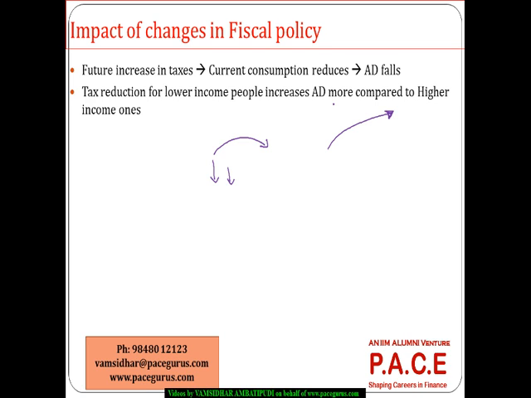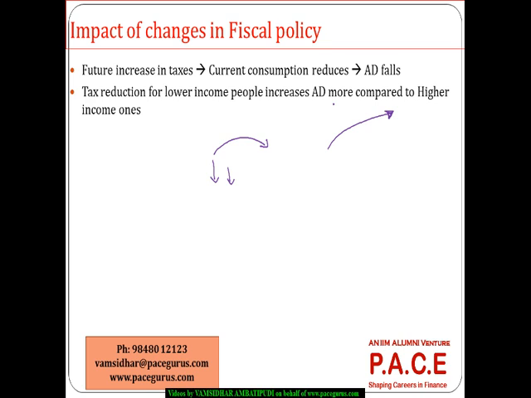But people who are in the lower income levels, lower tax brackets, really get benefited by a reduction in the tax. Only for them is the consumption increasing, which means aggregate demand is increasing only for the lower income people, not for the higher income ones. So the government has to be very careful in the implementation of the fiscal policy.